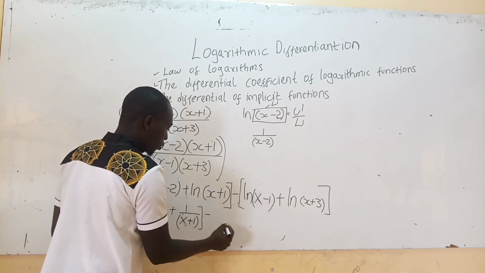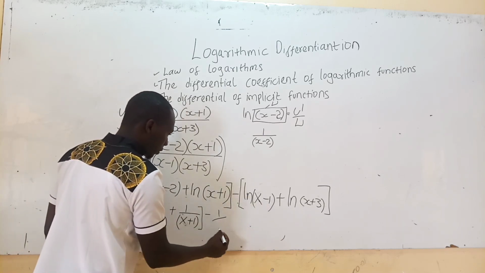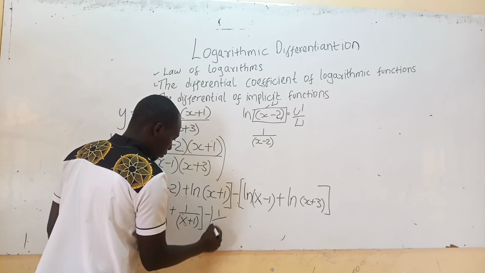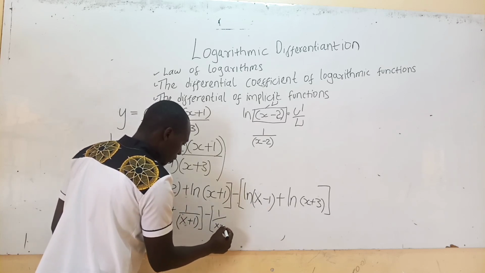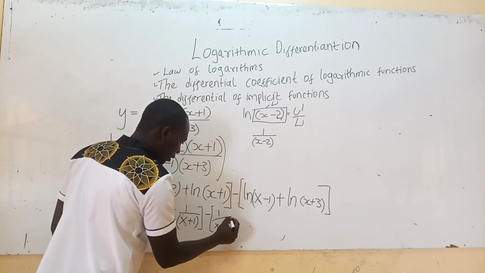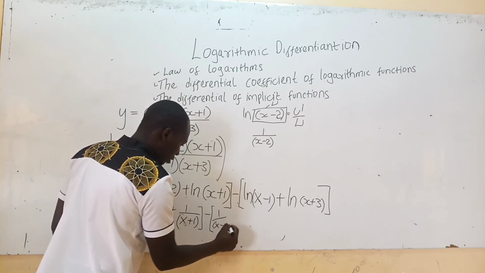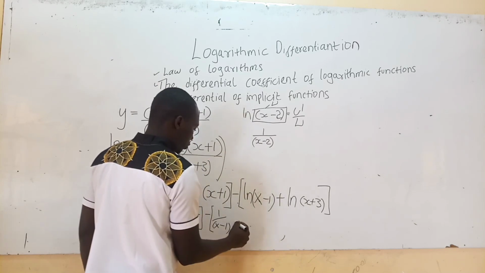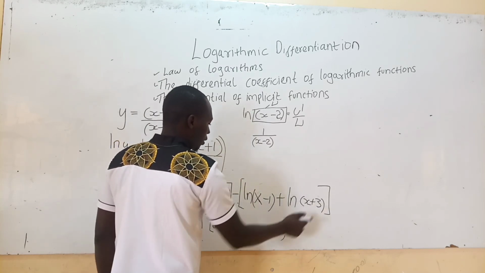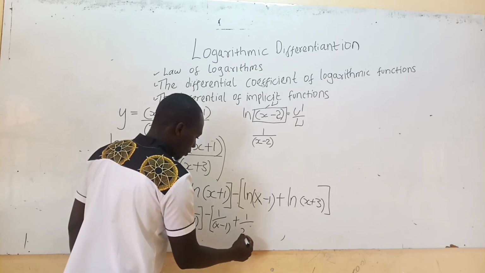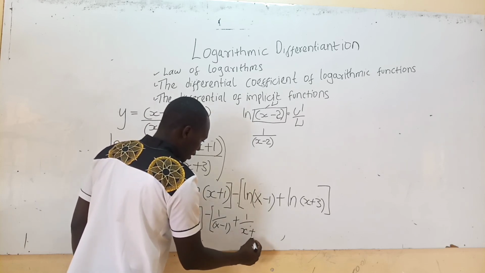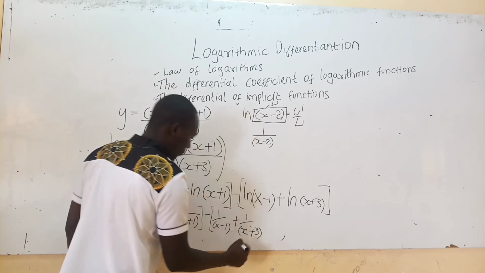The differential of this one, we are going to have 1 all over x minus 1. We add to the differential of this one, we are going to have 1 all over x plus 3.